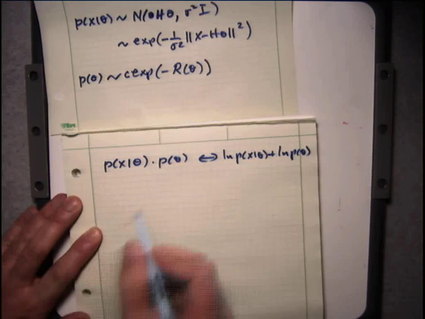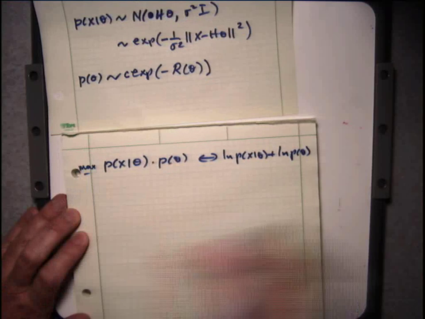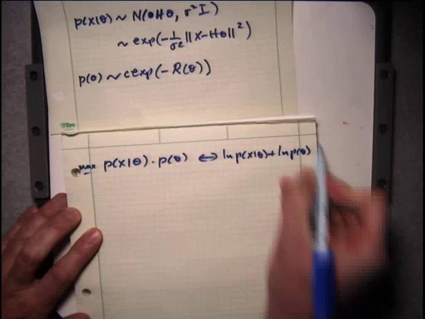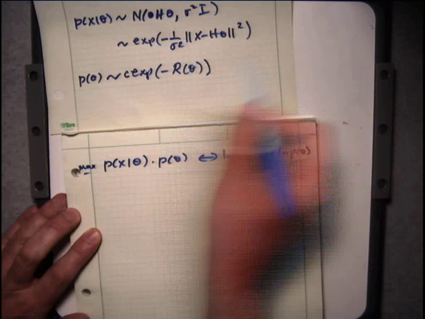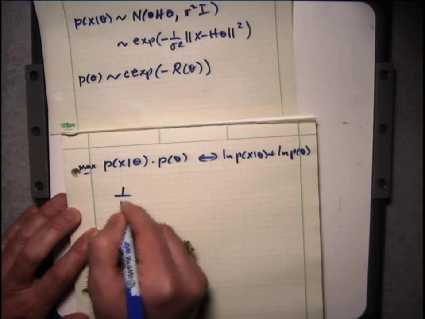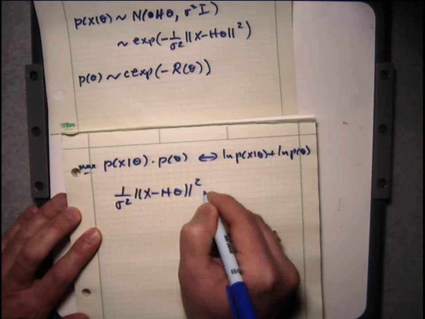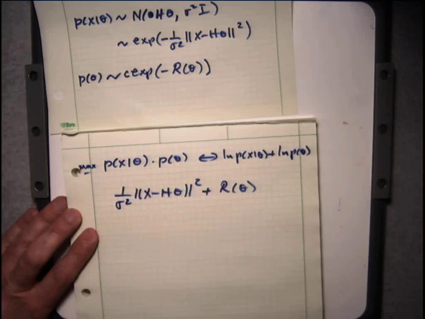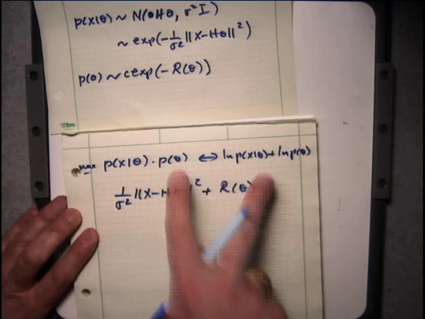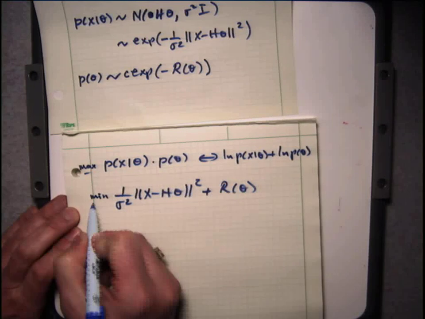If I want to do a maximum a posteriori, I have to maximize this over theta. Okay, so that's equivalent to maximizing this. And now if I take the log of these things, I have something that looks like 1 over sigma squared norm of x minus h theta squared plus R of theta. Okay, so maximizing this is equivalent to minimizing this over theta.